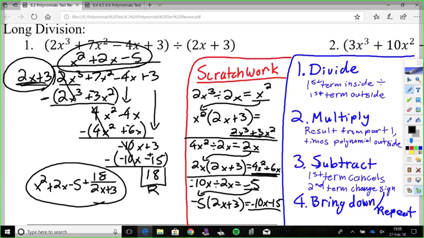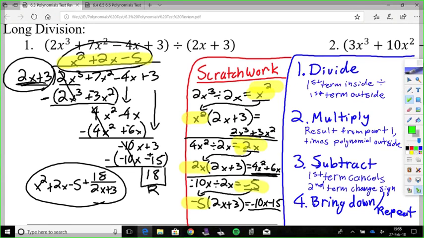Now, let me just highlight a few things to point out that I feel is important. So notice for each of these, the thing that we got from dividing, the x squared, the 2x, and the negative 5, all of those went right up here. And all of them were used in the next step when you multiplied.